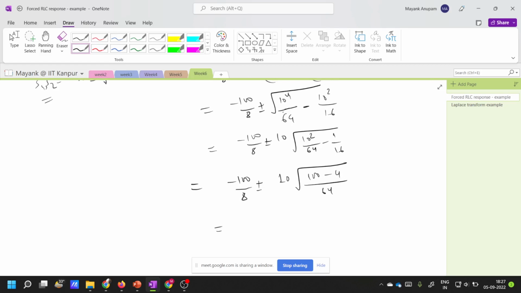Are you sure? I don't think it is 50. Under root of 10 to the power 4 by 64 minus 10 square by 16 is 50. Yes, 50 came. Yes, check it again.